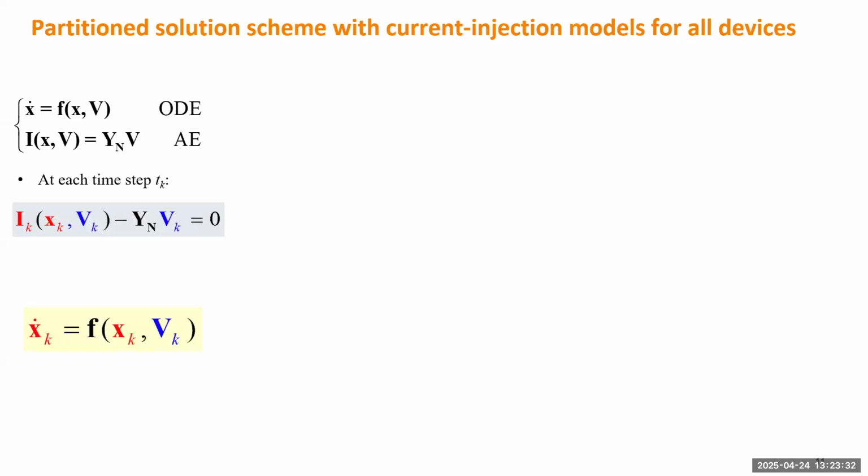The first scheme is the partitioned solution method. When you solve the ODE, you assume all the bus voltages to be constant, so they don't change. You only want to update the state variables. For instance, if one generator is connected to a substation, when you solve the ODE for this generator, you treat the substation voltage as constant and simulate this generator on its own.